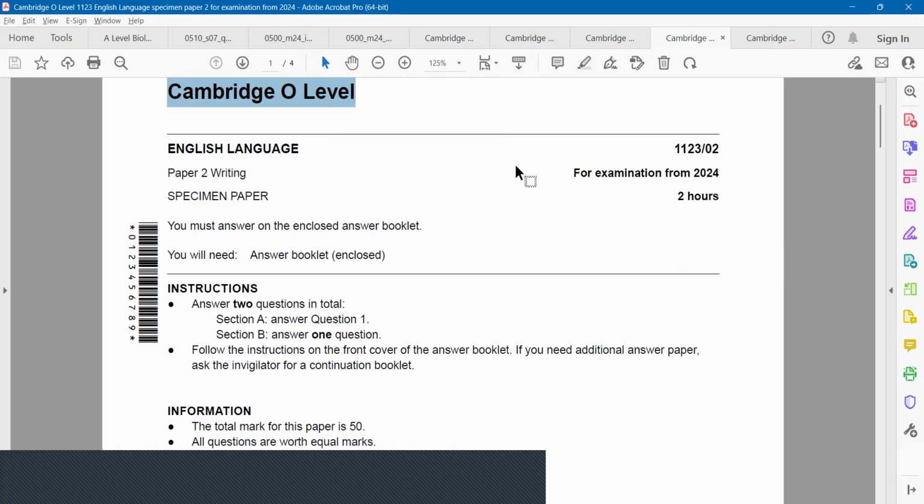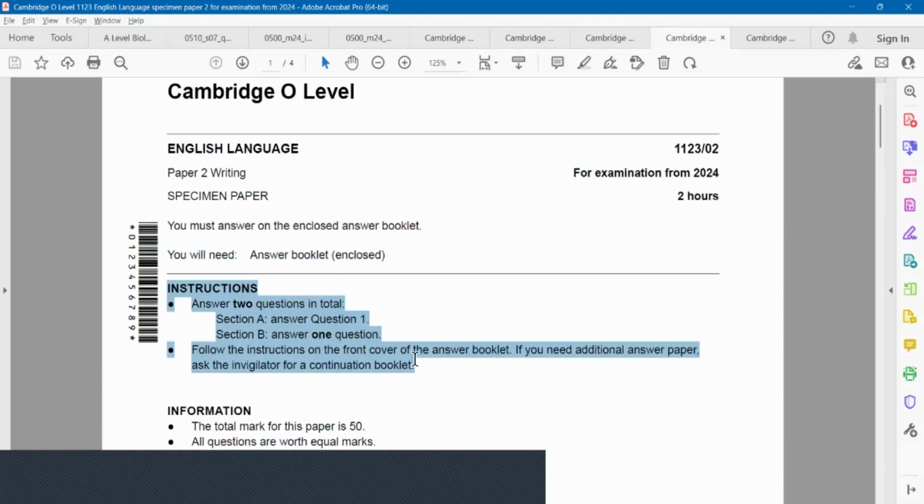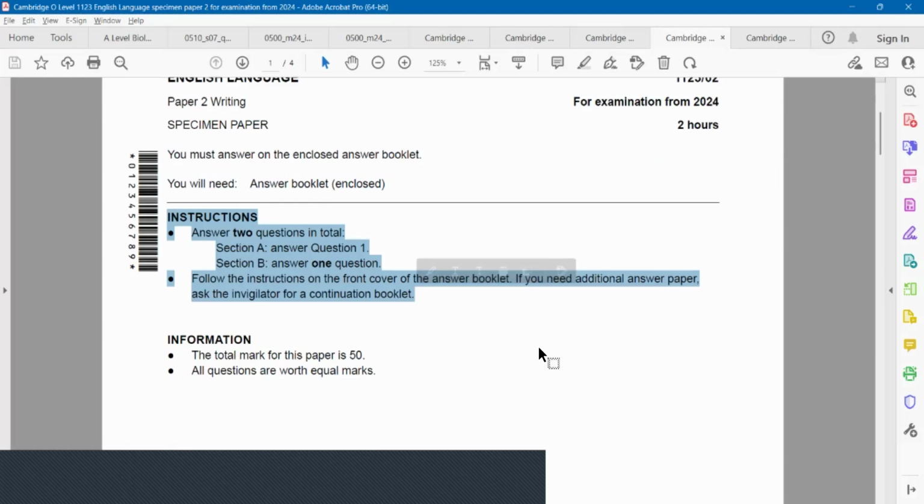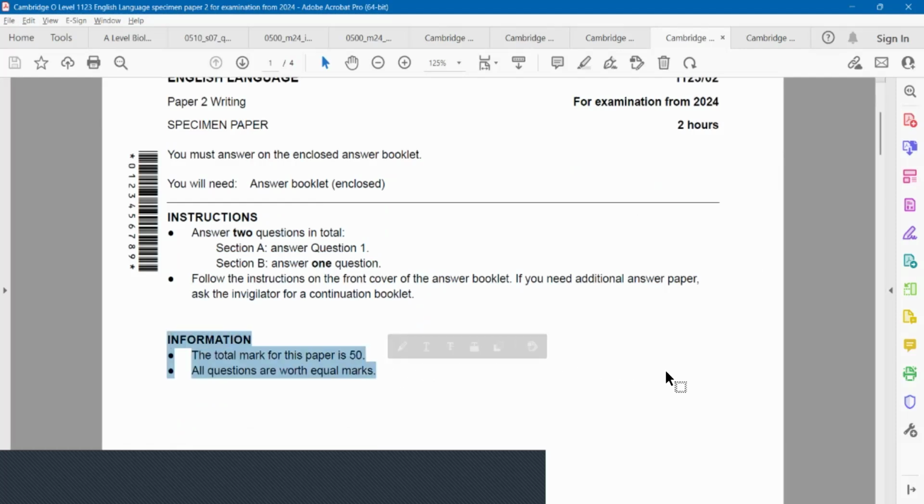Read the subject and the code, which paper it is, paper two writing, and the session, which for you would be June 2025. Read the time and any instructions. You practice this, but read it during the exam. Know what you're being told. Don't skip it.